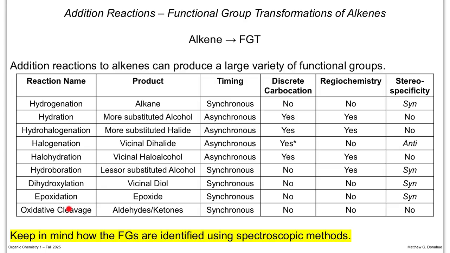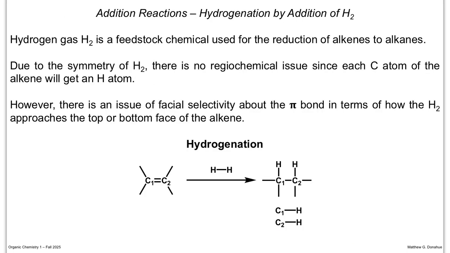Of all of these reactions, really what we're doing is making the functional groups that we learned in Module 1. And then you have to confirm that using the spectroscopic techniques from Module 2. In the prior lecture, when we talked about alkene stability, I mentioned that it is measured by hydrogenation, which is just the addition of H2 to an alkene.